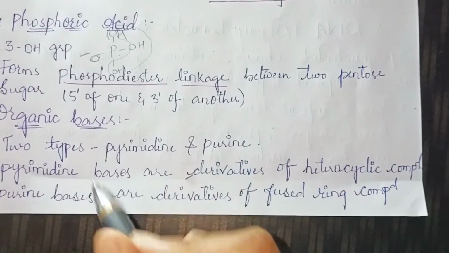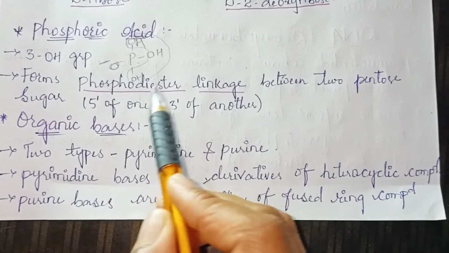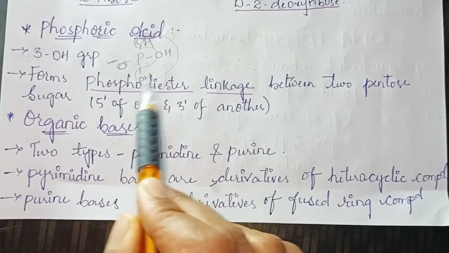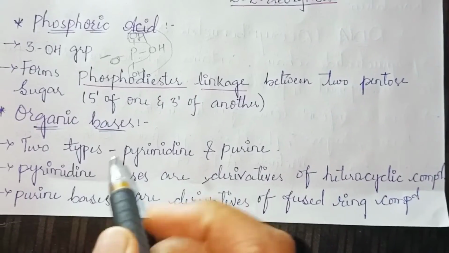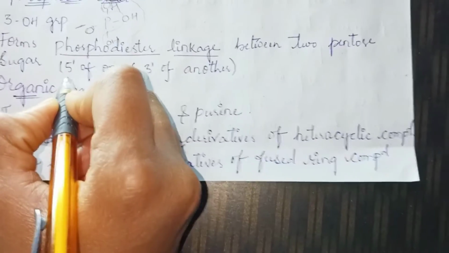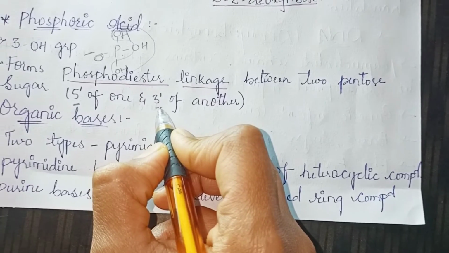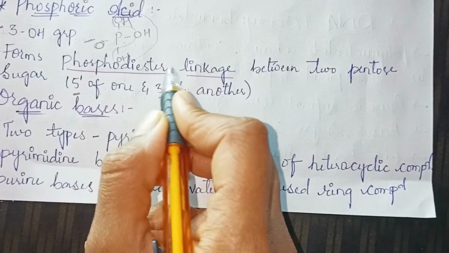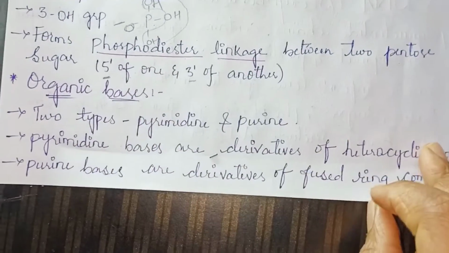This phosphoric acid forms the phosphodiester linkage. The phosphodiester linkage is formed between 2 pentose sugars, that is, between the 5 prime carbon of one pentose sugar and the 3 prime carbon of another. In between these two, the phosphodiester linkage is seen, which is formed by the phosphoric acid. I think this is clear.